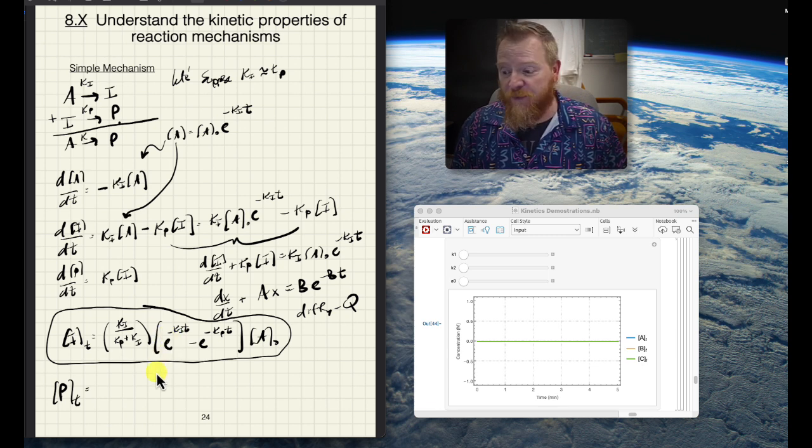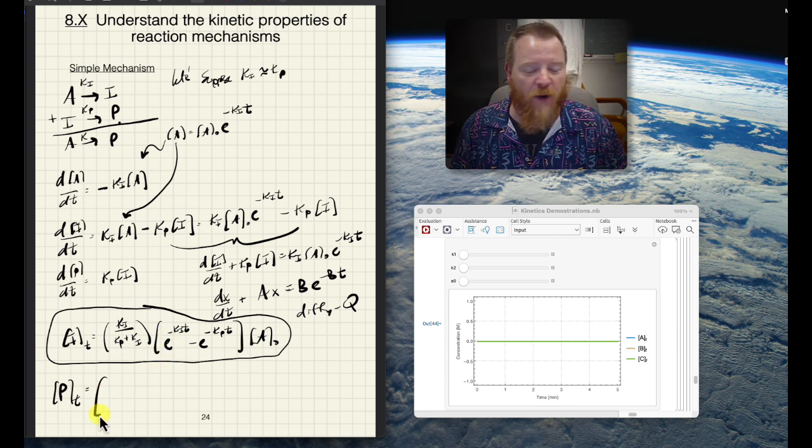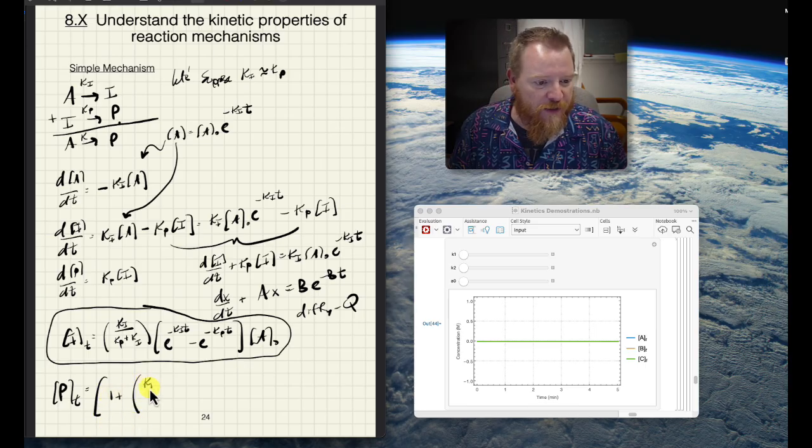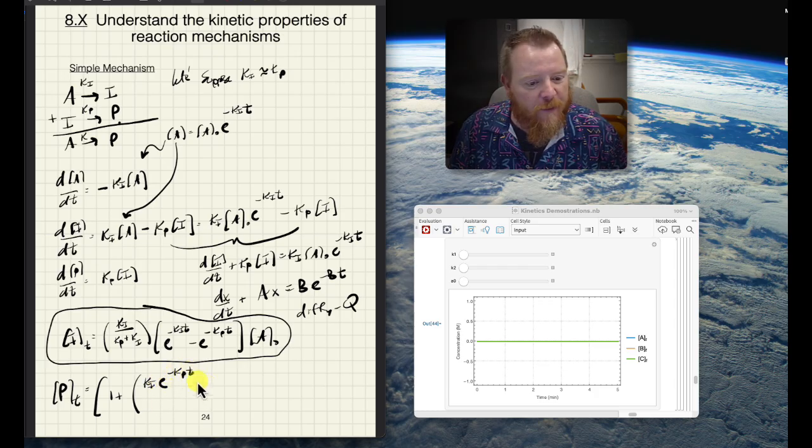So we're going to get an even more complicated result. And I'm just going to write it down directly. And this is already doing some of the algebra. So that ends up with Ki times e to the negative Kpt minus Kp e to the negative Kit.